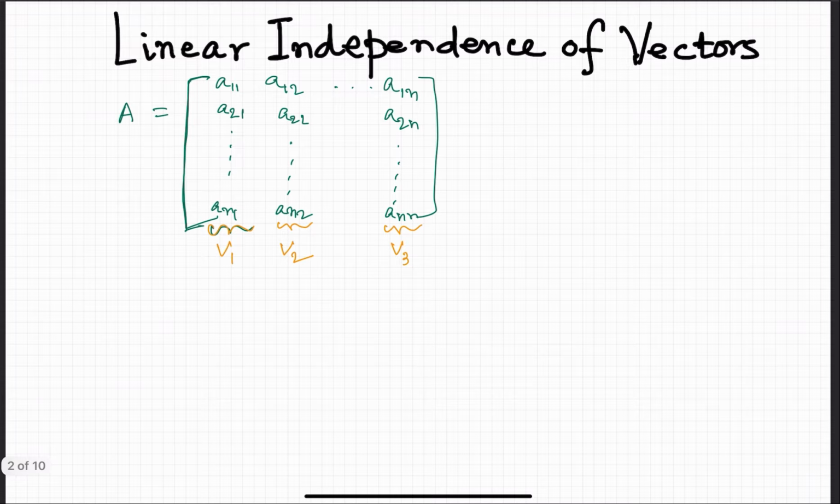If we have to test the independent nature of these vectors, then we can write: a1 v1 plus a2 v2, sorry, this would be up to an vn is equal to 0, only when all the scalar multiples are 0 individually.